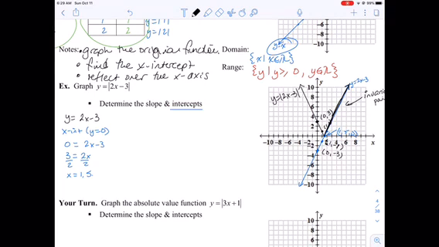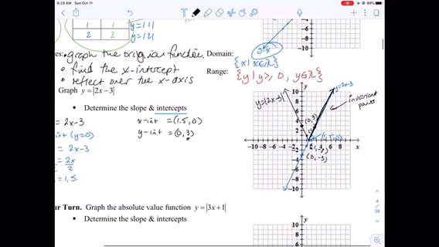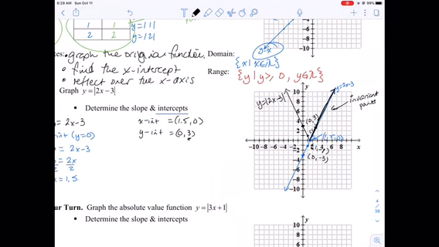Determine the slope and the intercepts. So our x-intercept was 1.5. Our y-intercept was 0, 3. It's the y-intercept that became positive. It was negative, became positive. And the slope, well, what is the slope?